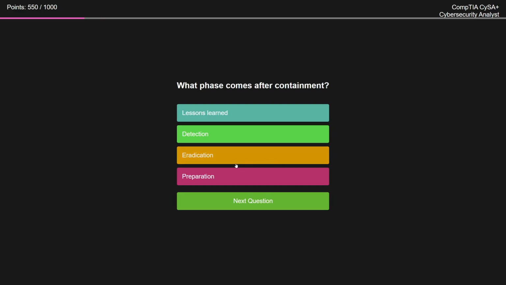So I think I just gave away containment, eradication. Because lessons learned always comes last, right? You're learning a lesson lastly. But it's preparation first, then detection, then containment, then eradication, then lessons learned. So I hope that helped you realize the sequence of steps.